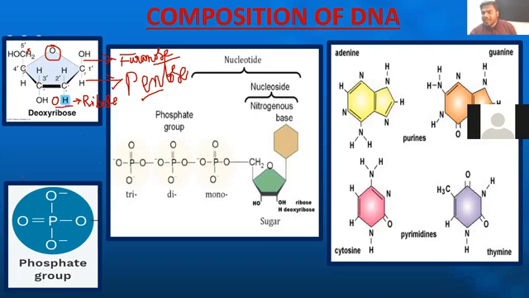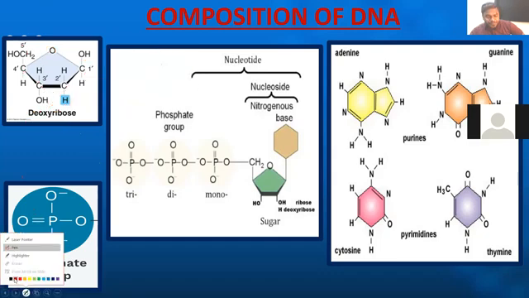But if you look into the DNA, my friends, we call DNA deoxyribonucleic acid. What's the reason? The simple reason behind that, my friends, all of you understand: de means no oxygen. Only hydrogen is present. That's why we call it deoxyribose sugar. That's a simple point.